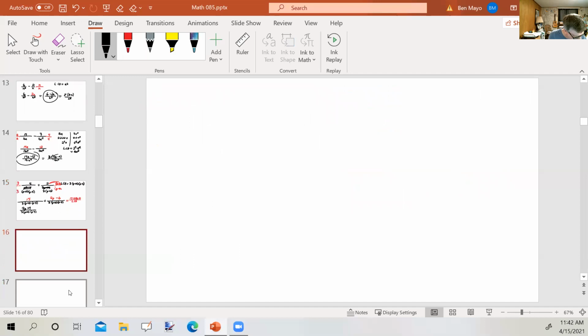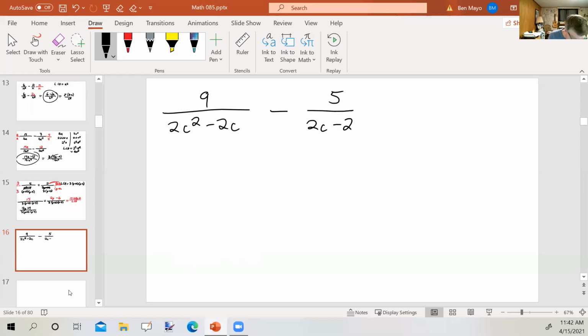Here we have 9 divided by 2c squared minus 2c, minus 5 divided by 2c minus 2. So we're going to factor each denominator in order to find the least common denominator of the two fractions.